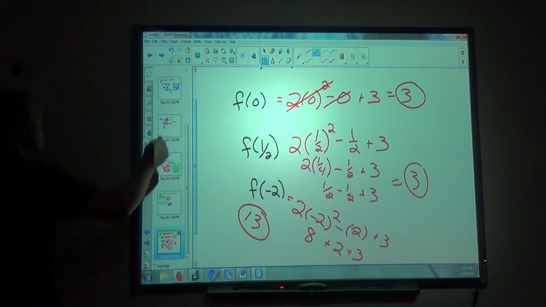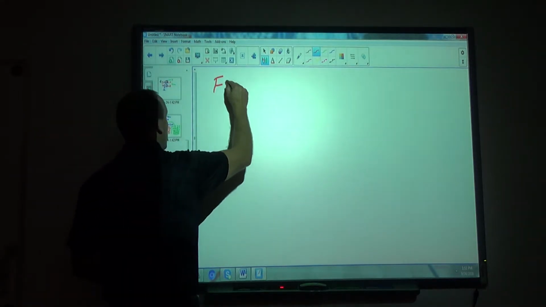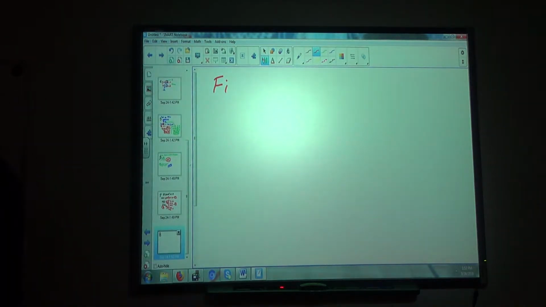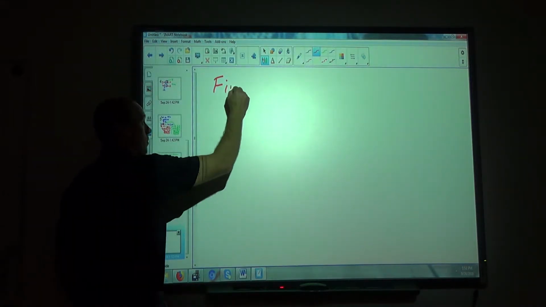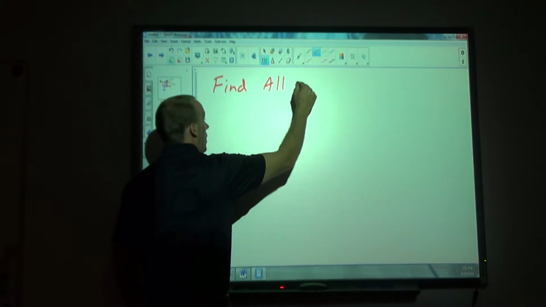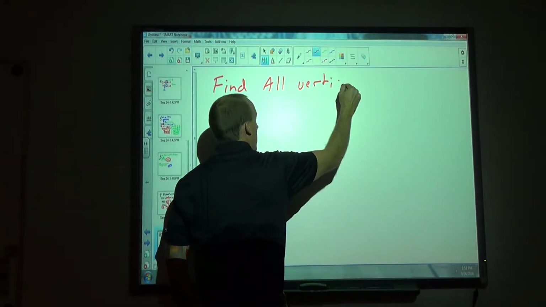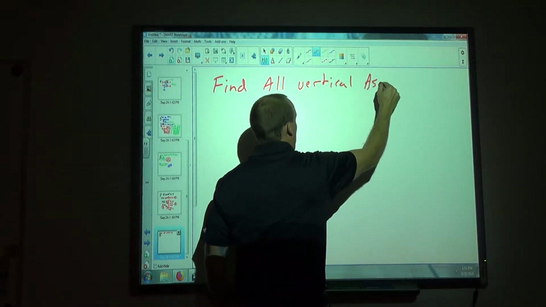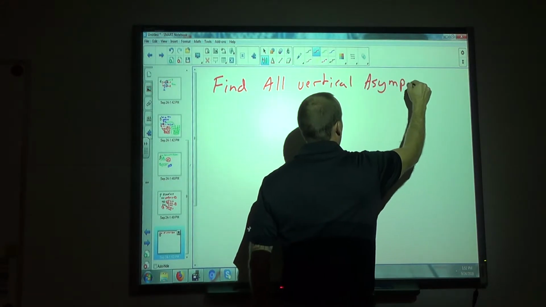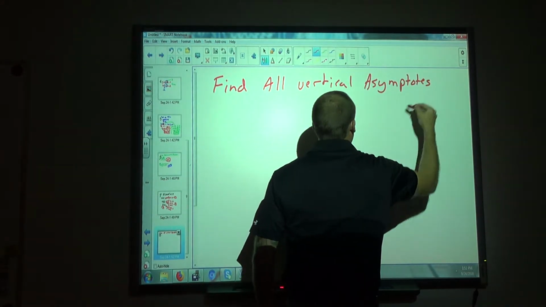Next one here. Find, this is number 12. 12, yep. Find all vertical asymptotes.